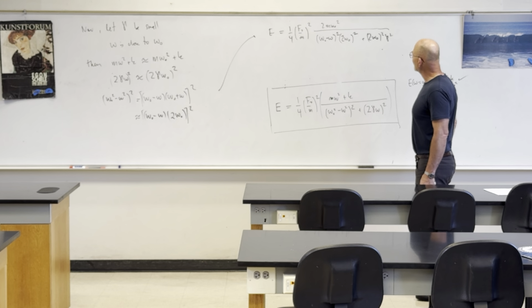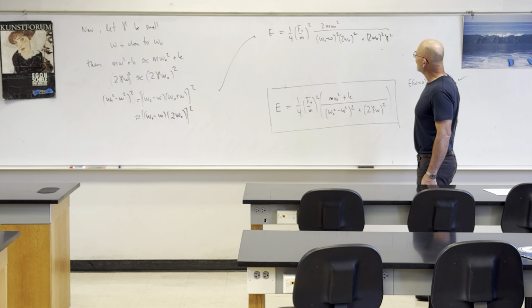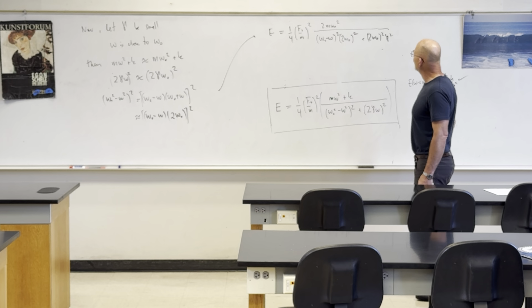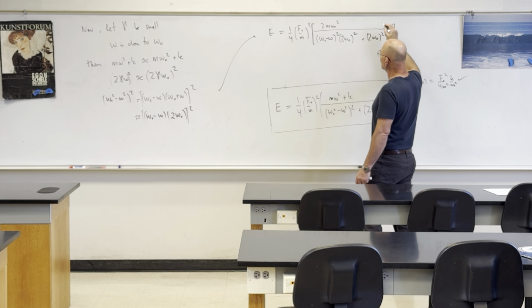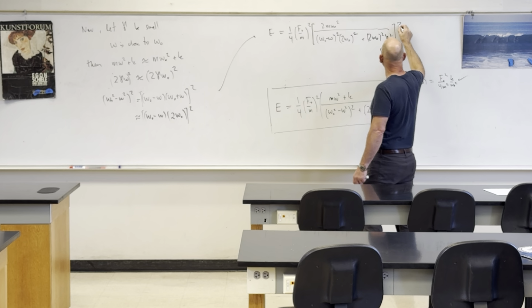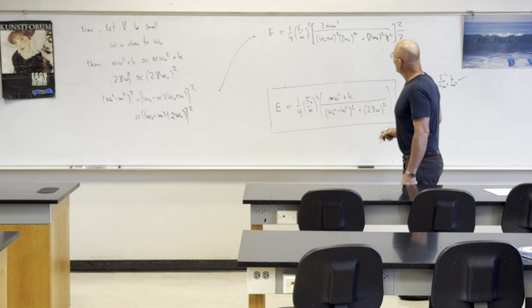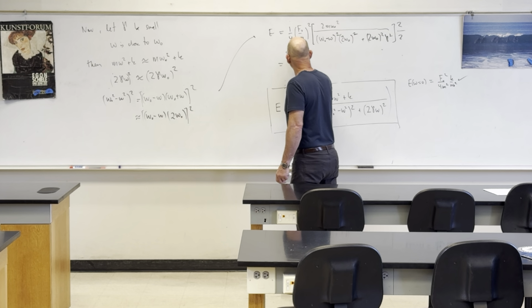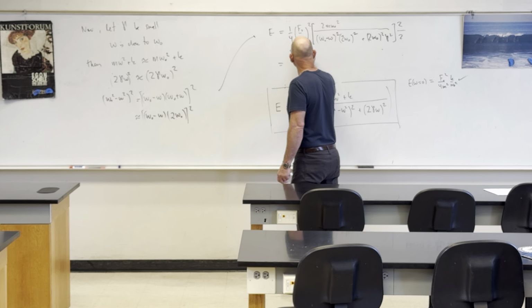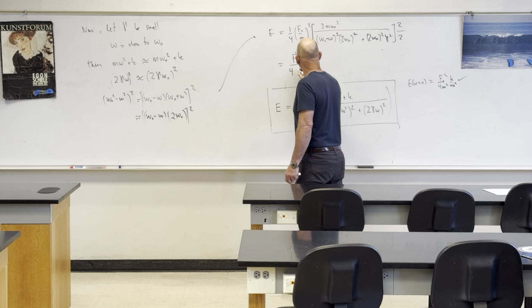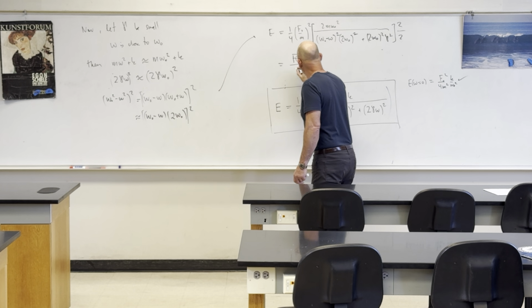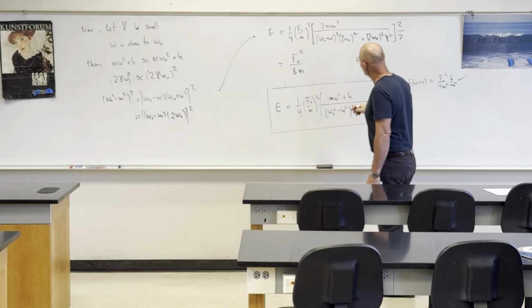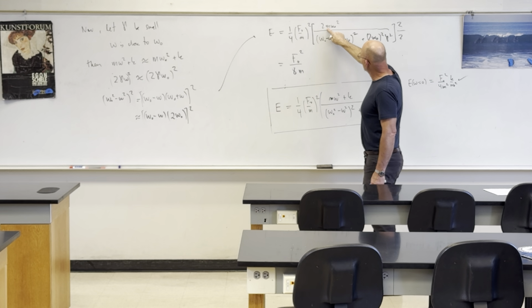Let's see if this simplifies. We've got the 2. I'm going to do a 2 over 2 here, 1 over 2. And I'm going to have f naught squared over 4 times 2 and I have 8m. Then one of those m's from here is going to be canceled against that one.